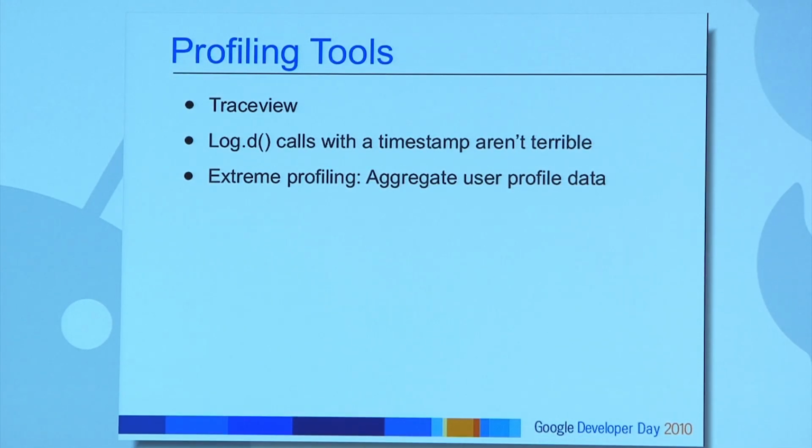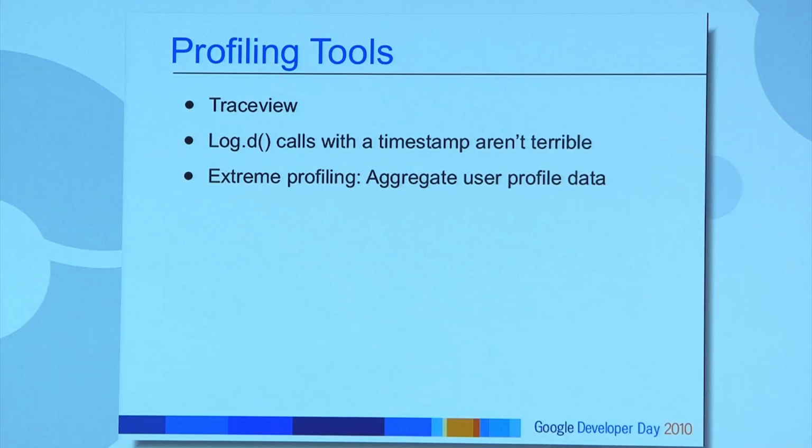Now, there's a case of extreme profiling, and this is what we do at Google. If you have a program that you are very, very concerned about the performance of, for example, a game, what we do at Google is we take the Android apps, and we get thousands of Googlers to use them, the people who work at Google, and we instrument the program so that it writes profile data up to the server.